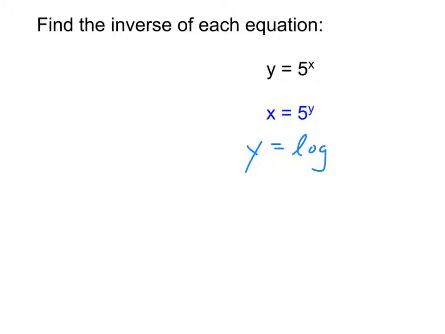And so it's going to be log, and then we write a subscript 5. In other words, smaller and lower. Then, what is it log base 5 of? It's always log base 5 of whatever the exponential is equal to. And so it's going to be of x.